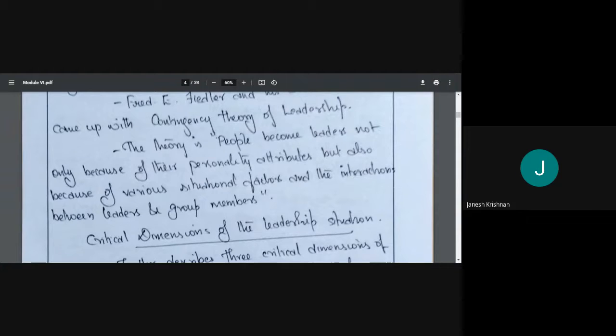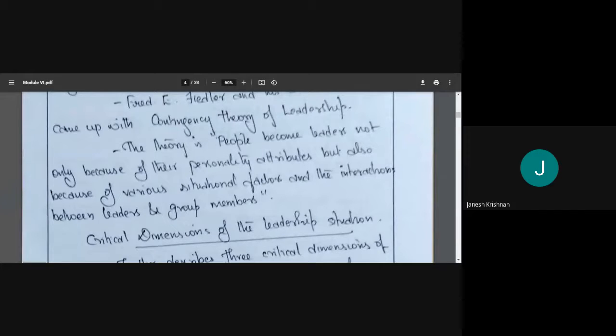So the situation is to be considered, and the relationship between the leaders and group members. These three things make a person a leader: his personality, the situation, and his interaction with the members. These three things are the driving force for a person becoming a leader.